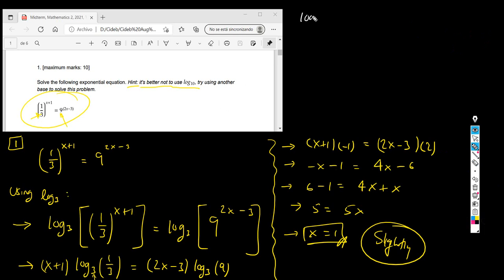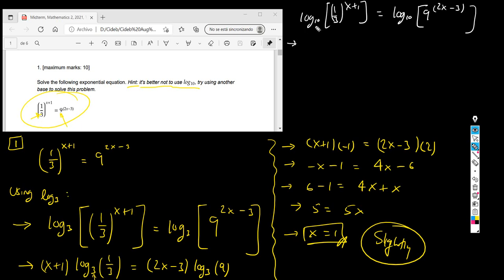So we would have something like this: logarithm base 10 of this number on the left. This equals logarithm base 10 of the number on the right. There you go.